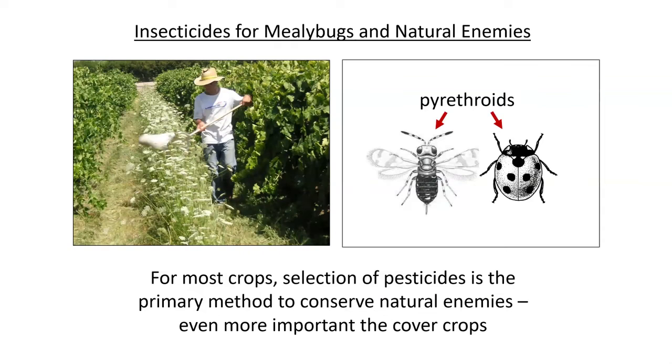So even though we want to control ants, we want to do all kinds of things to support natural enemies. We have looked at cover cropping for mealybug natural enemies. And while it does help with the gentlest predators, like the beetles, like the green lacewings, remember that these parasitoids are specialists.